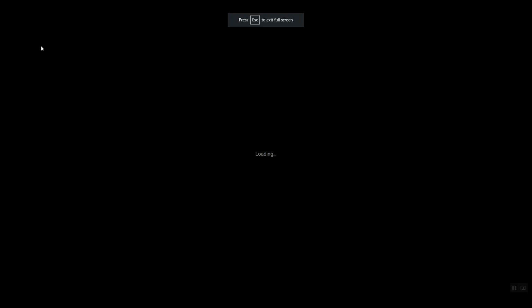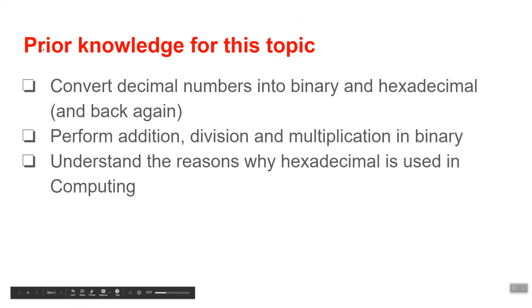Before we start, I think it's important to consider the prior knowledge that you're going to need. In other words, what you need to know coming into this in order to understand this topic. Basically you need to be comfortable with binary and hex, up to the level that you did it at GCSE.